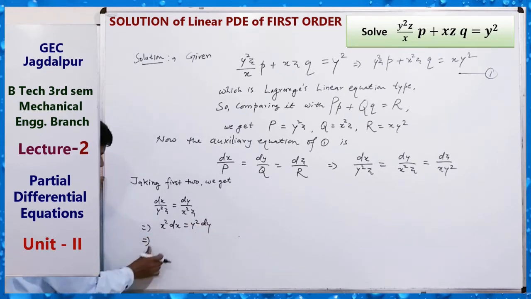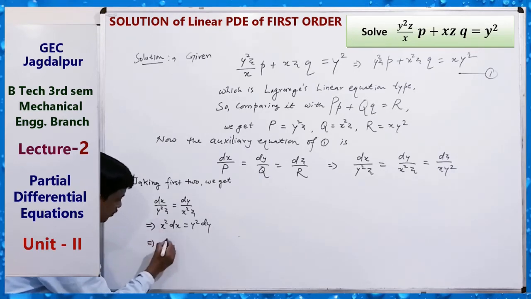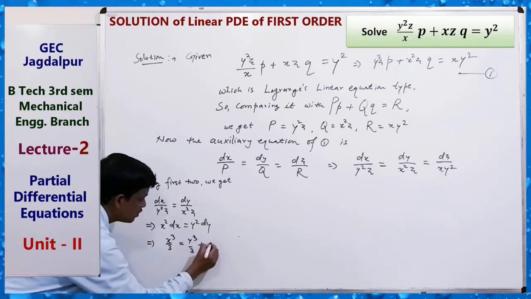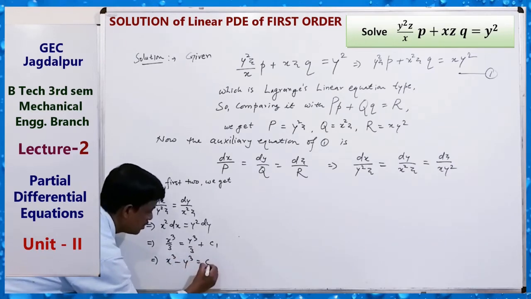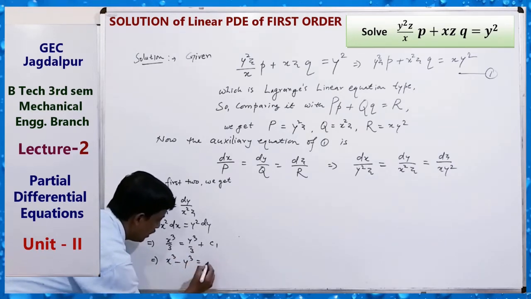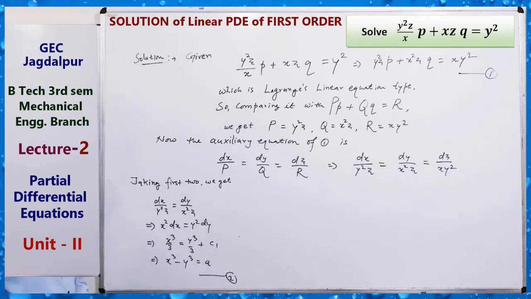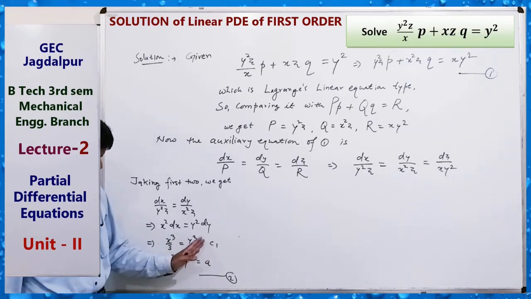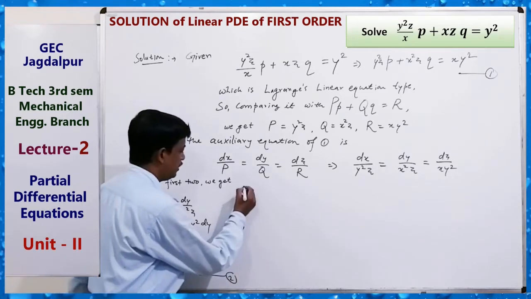Integrating, x cube by 3 equals y cube by 3 plus c1, which implies x cube minus y cube equals 3c1, a constant. This is equation 2. We can solve it like this: z cancels, x square here, y square here, x cube by 3, y cube by 3 plus c1. Transferring, 3c1 means a. So equation 2.